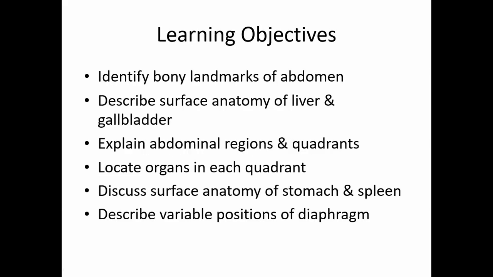Our learning objective today is to identify the bony landmarks of the abdomen, along with the surface anatomy of different organs: liver, gallbladder, spleen and stomach. We are also going to discuss the abdominal regions and quadrants, along with how they are made and the contents of each quadrant and region.